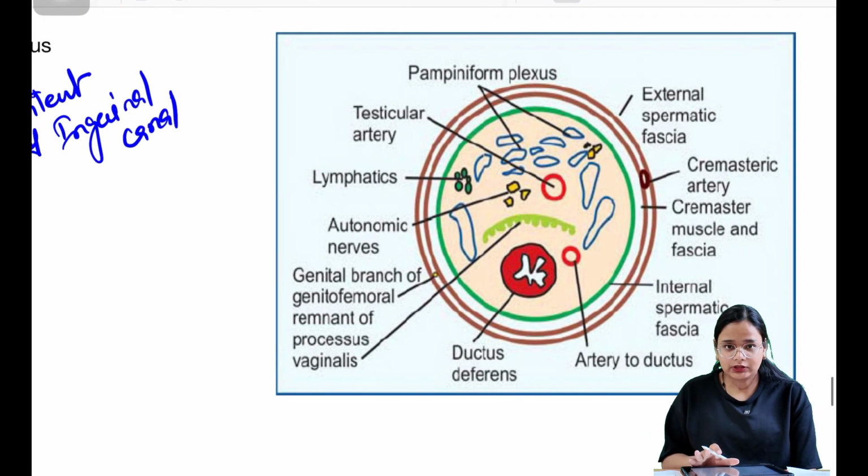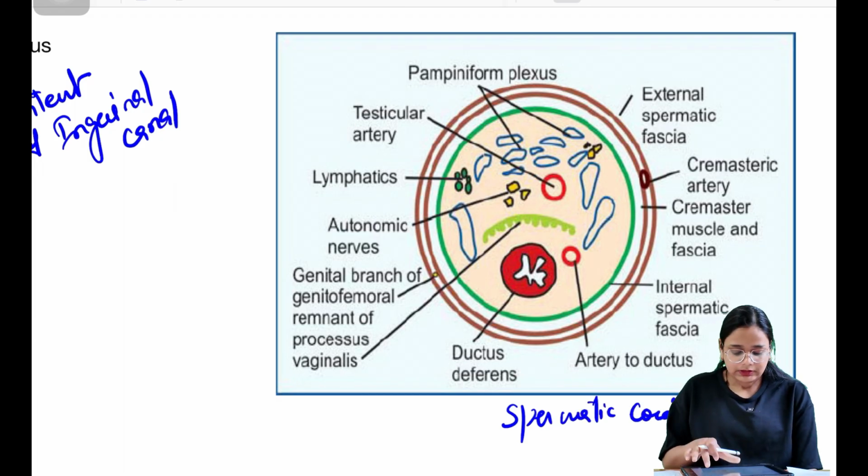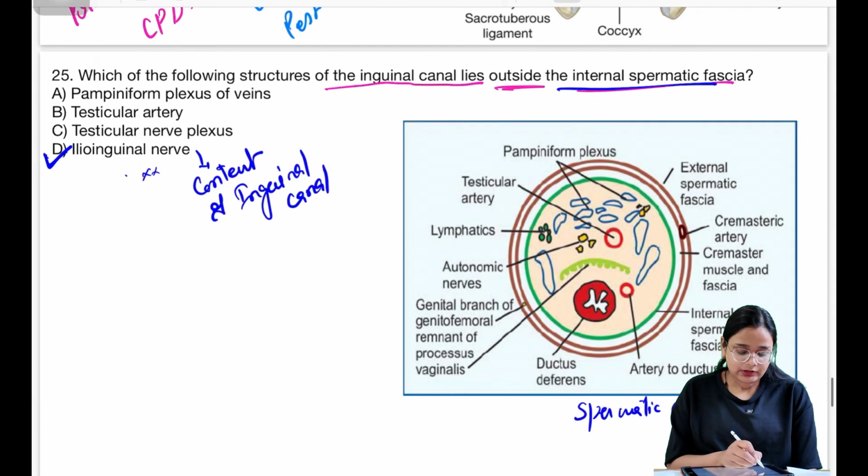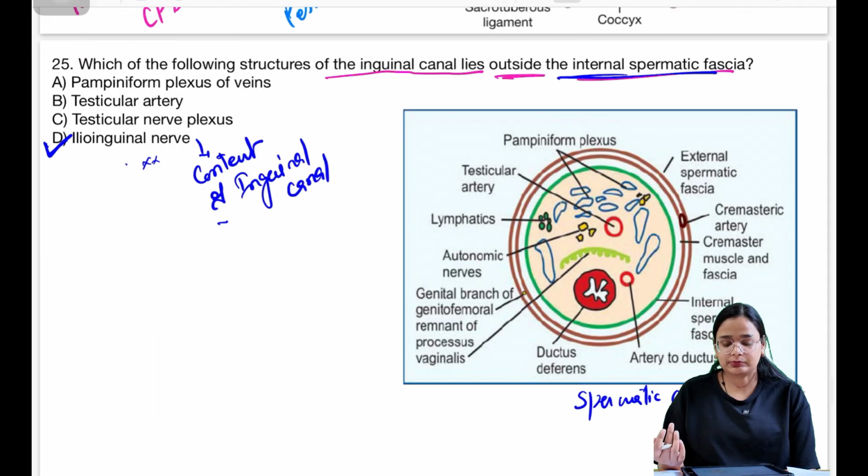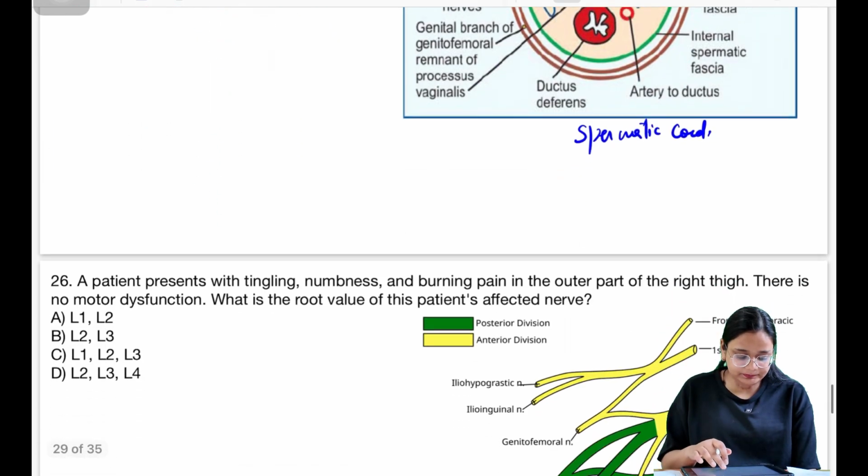Here I have given the contents of the spermatic cord. Along with this you have to remember all the contents of the inguinal canal, and how these internal and external spermatic fasciae are formed.